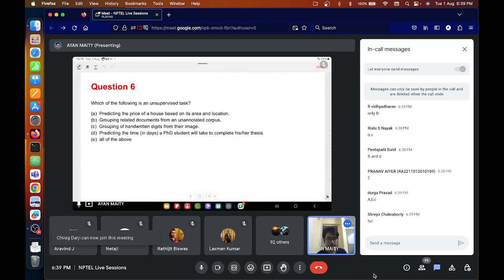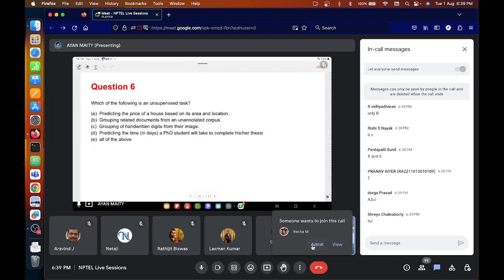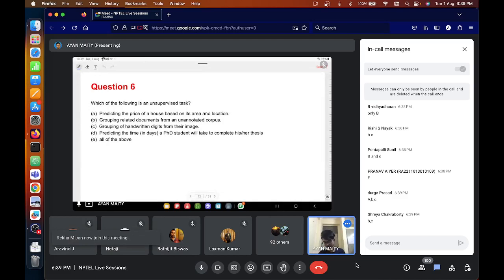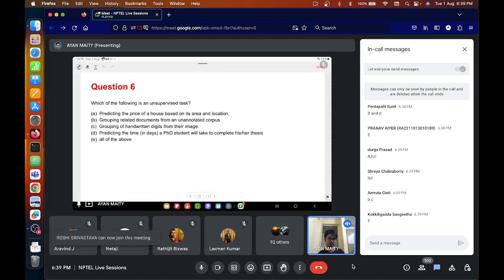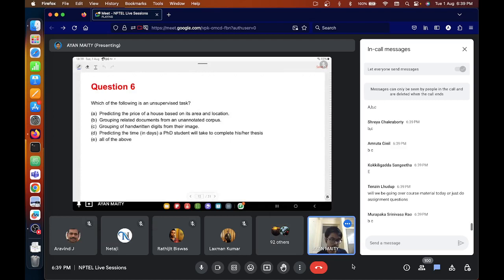Shreya Chakravarti has written B, C. Durga Prasad has written A, B and C. Sangeeta has written E. Srinivasa has written BC, Lakshmi has written BC.